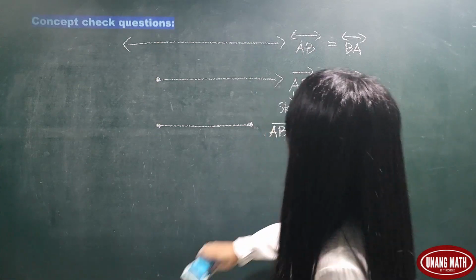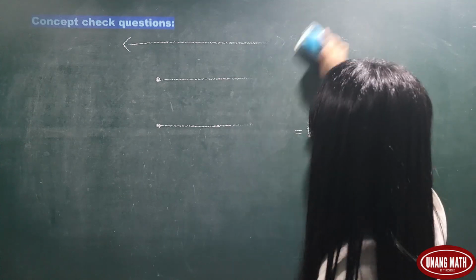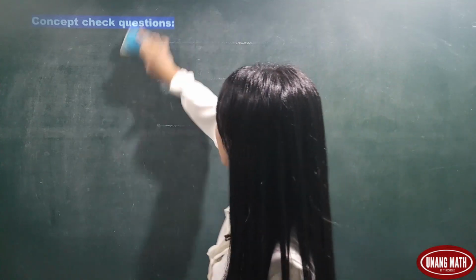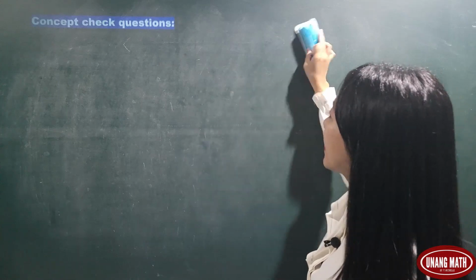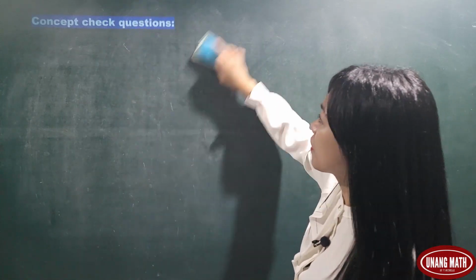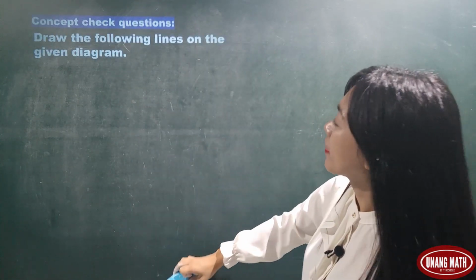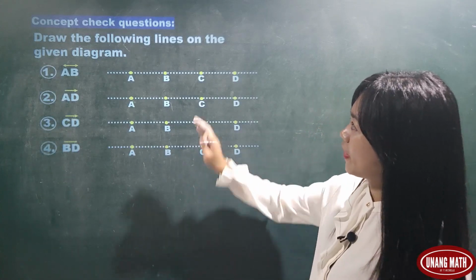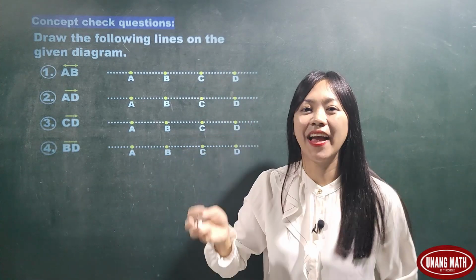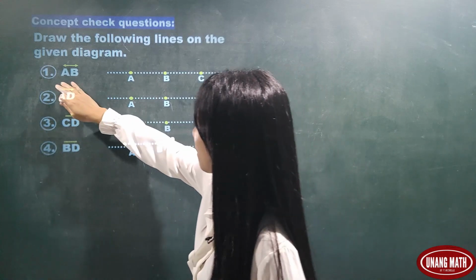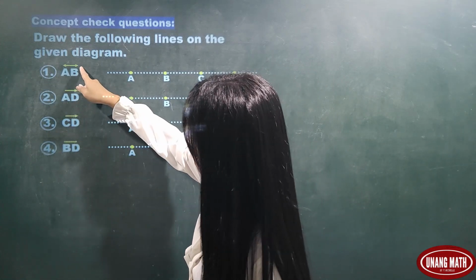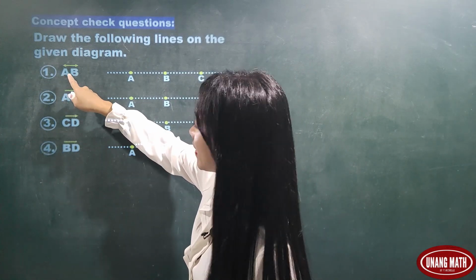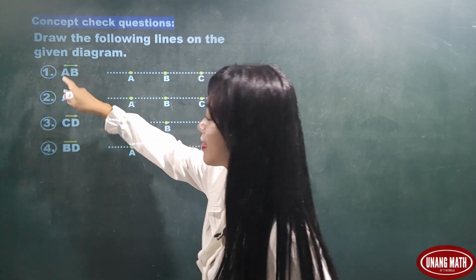Okay, this time, to check your understanding about the concepts we have learned, let's answer these concept check questions. So we are going to draw the following lines on the given diagram. Okay, let's take a look at number 1. Look at the symbol above these letters. This symbol means line.